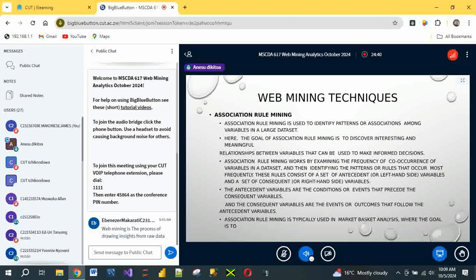Association rule mining works by examining the frequency of co-occurrence of variables in a data set, and then identifying the patterns or rules that occur most frequently. These rules consist of a set of antecedents, the left-hand side variables, and a set of consequents, the right-hand side variables. The antecedent variables are the conditions or events that precede the consequent variables, and the consequent variables are the events or outcomes that follow the antecedent variables.